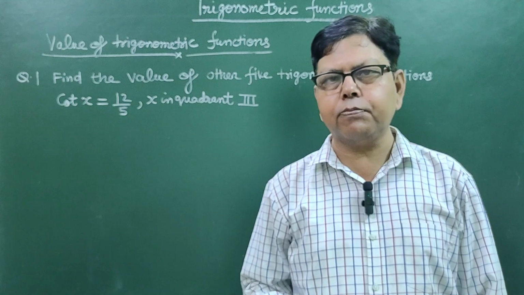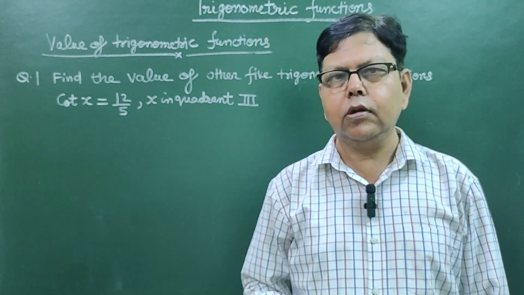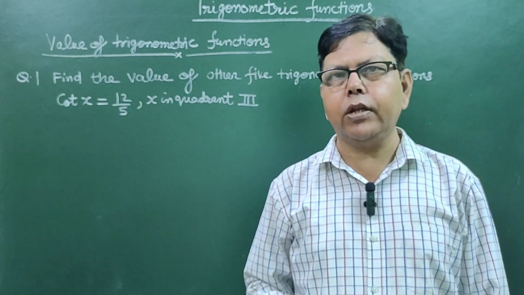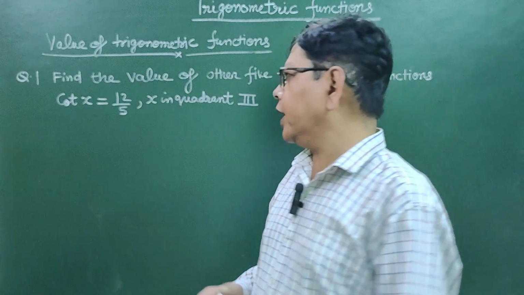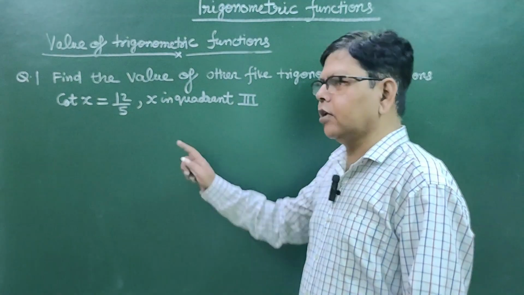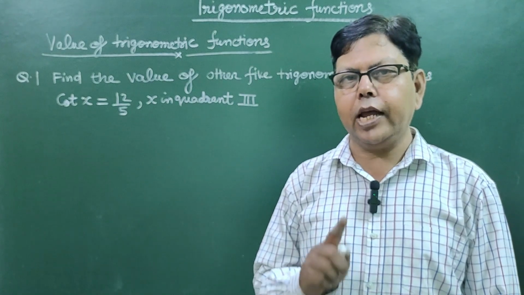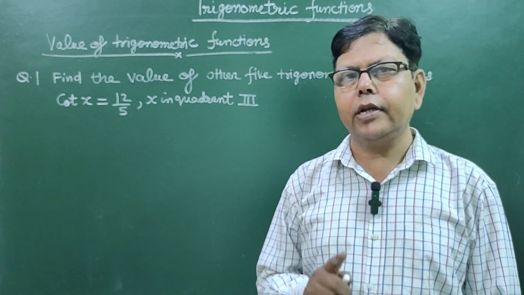For solving this problem, we will use the sign concept for various quadrants, the ASTC rule, because the angle lies in the third quadrant, and you know in the third quadrant tan and cot are positive. Rest of the trigonometric functions are negative.